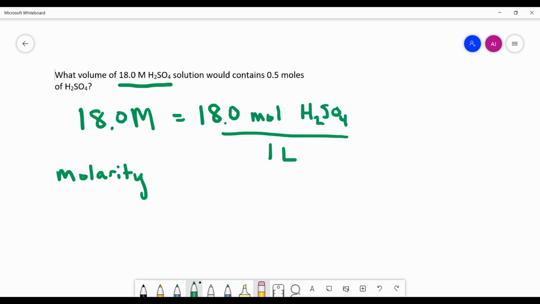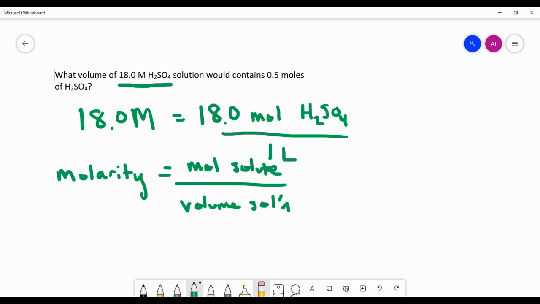So concentration relies on two factors and is always expressed as a ratio. Solute to solvent. How much solute is in the solvent? Molarity is expressing concentration in moles of solute in volume of solution.